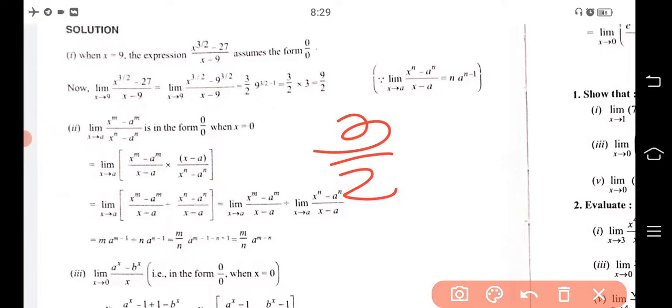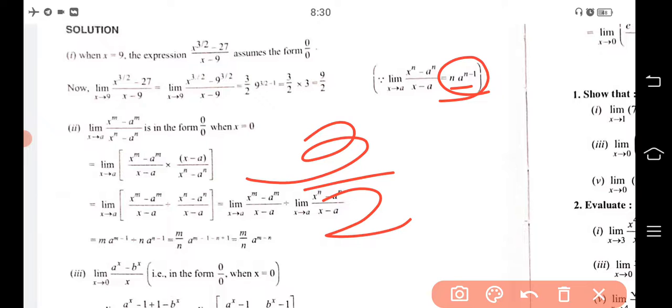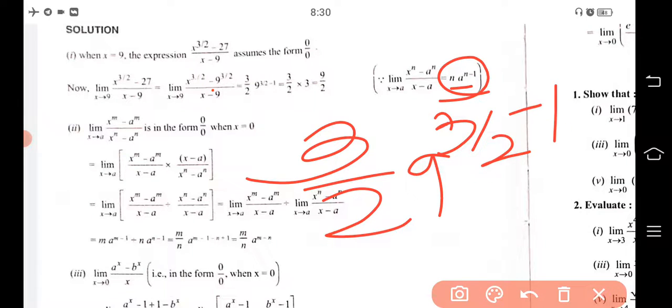Clear? And x, here it is x also we are taking. We write this down as 3 by 2. And what is your constant? It is given, a is 9. And what is n? That is 3 by 2, minus 1. In this way, let's solve this one.